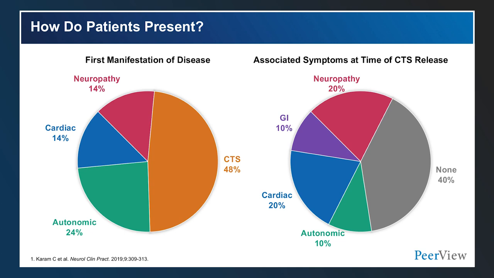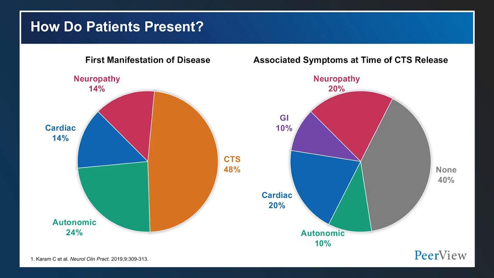So far and away, the most common presentation that we see with first manifestations are carpal tunnel syndrome, often that are bilateral. Other common manifestations are neuropathy, cardiac disease, and dysautonomia. Carpal tunnel syndrome, you always want to do a very thorough history about that, and often patients will tell you, oh yeah, I had carpal tunnel release many years ago, and maybe the symptoms actually came back.